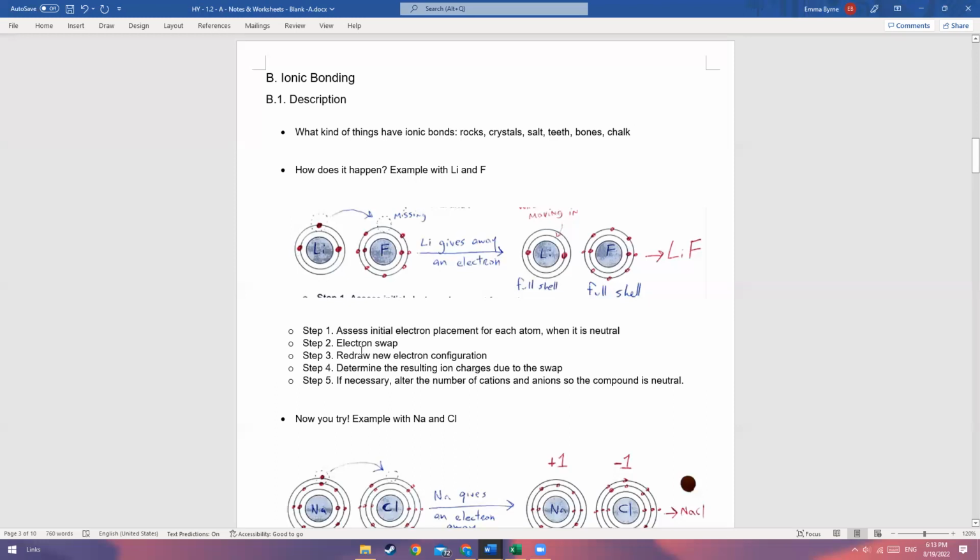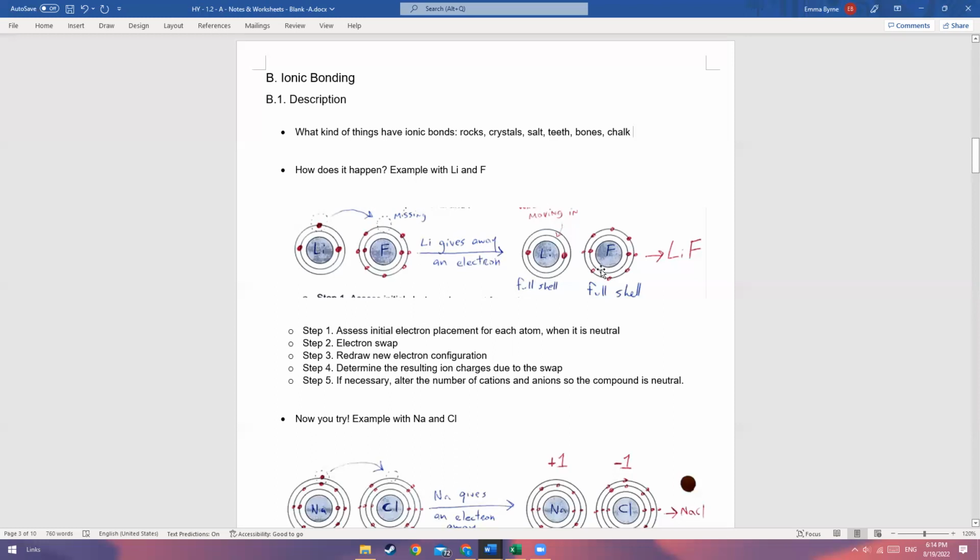Step 2, electron swap: determine who needs to give away an electron and who needs to accept an electron. And we sort of show that here in our reaction arrow. Step 3, redraw the new electron configuration. So essentially redraw your valence shells, considering what was given and what was taken, which is shown here on the right side of the diagram.